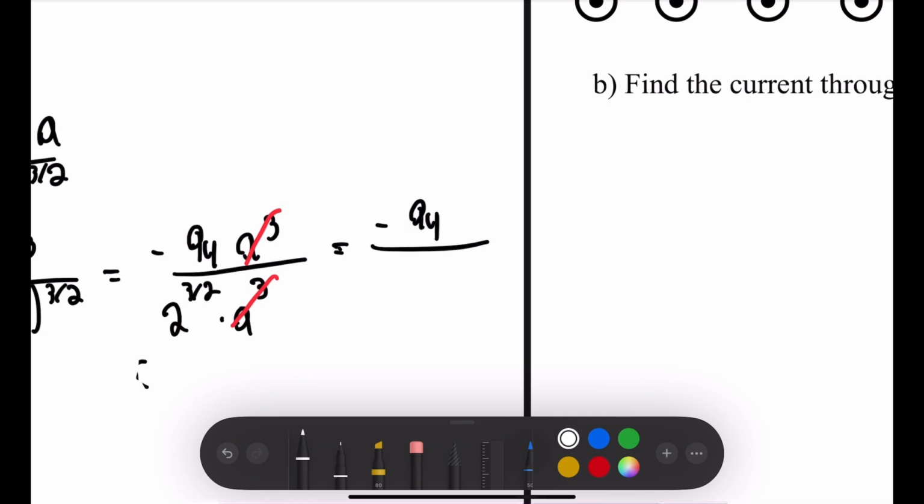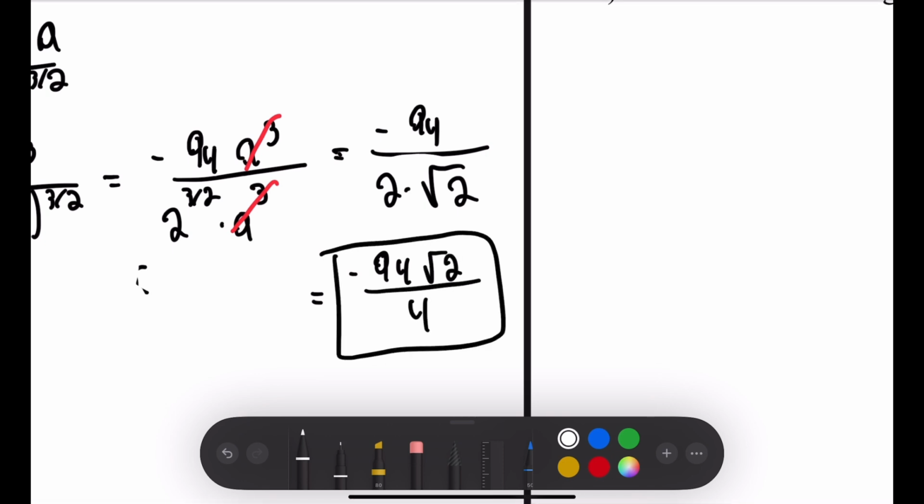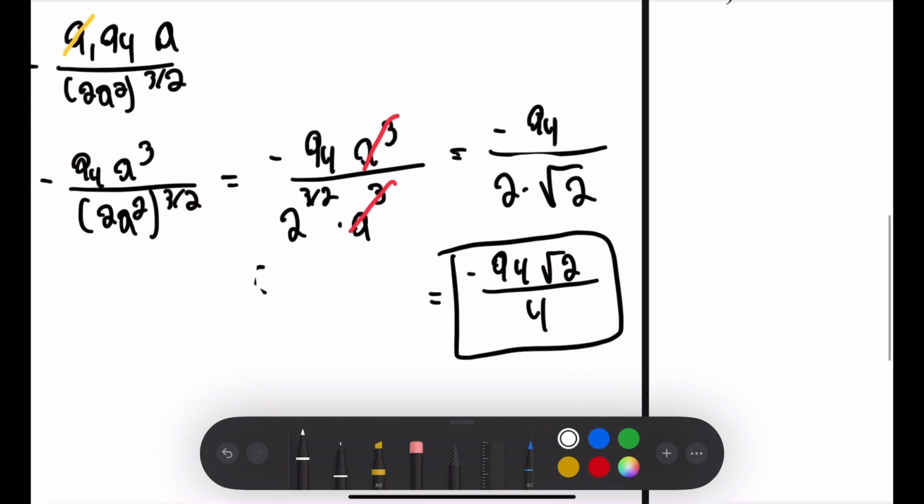And then 2 to the 3/2 can be rewritten as 2 to the 2 over 2 times 2 to the 1/2, so this is just 2 times square root of 2. And we can rationalize this. So this is equal to negative Q4 root 2 over 2 times 2, which is 4. So this is what Q2 needs to be.